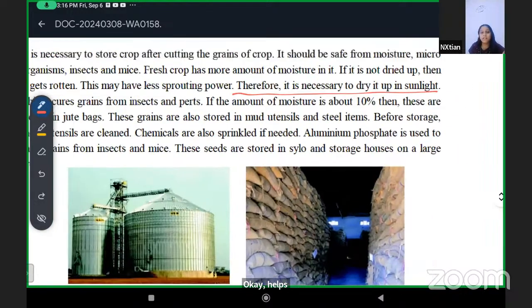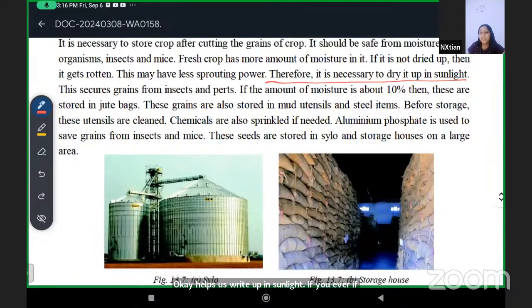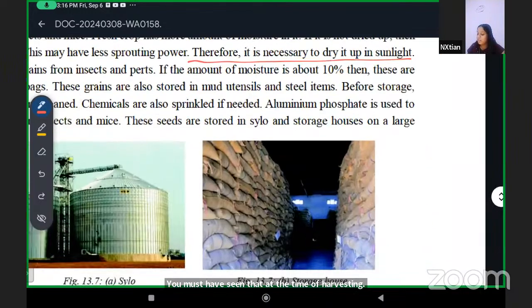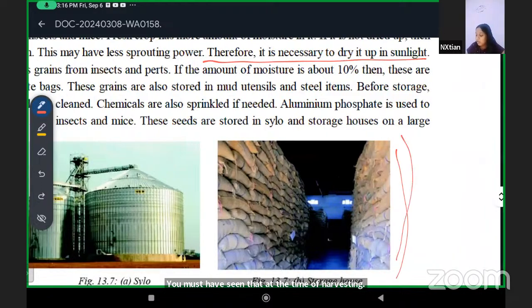If you've ever visited a field, you must have seen that at the time of harvesting, they create bundles of crops and they are put there in the field, bundles of crops like this.